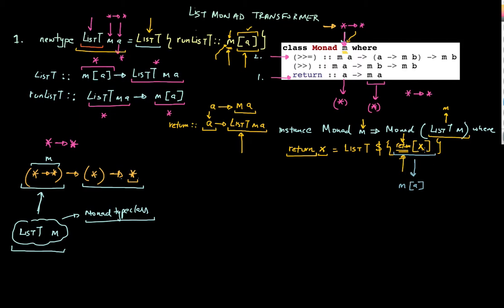So this entire piece is going to give you some value of type ListT m a.